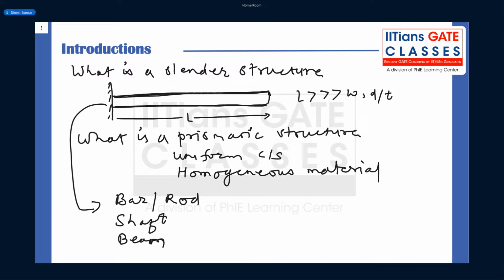Exactly, Shabris, very good. Not just transverse load, it's purely based on load. So the classification is based on the applied load. The way you apply load, it behaves in a particular way. Now guys, in case of bar or rod, what kind of load do you apply?